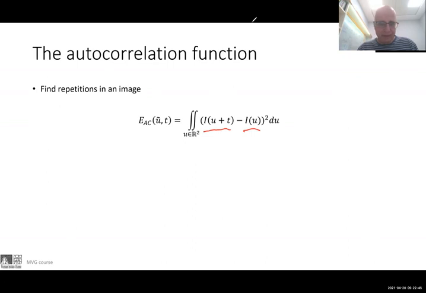Now, you don't want the entire image to be shifted and then find a repetition. What we want to do is to look at small areas and see if those small areas repeat. So what we do is we use a window function.